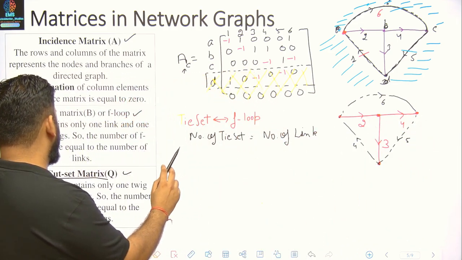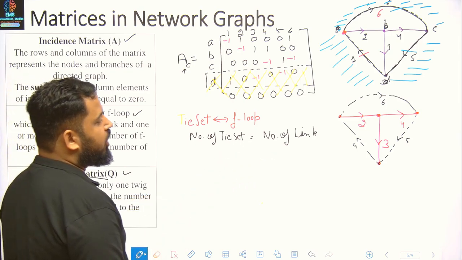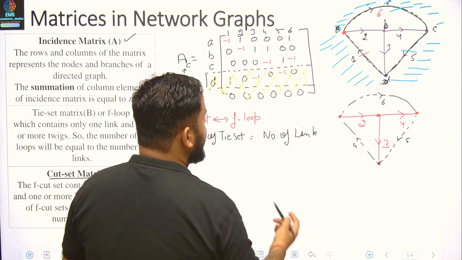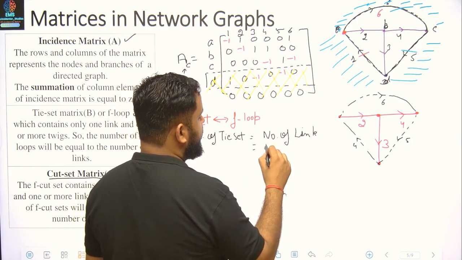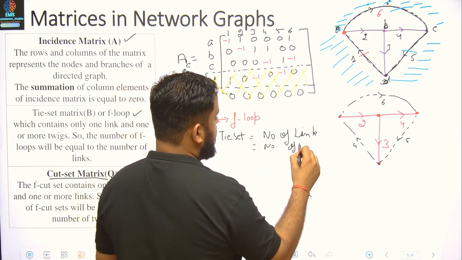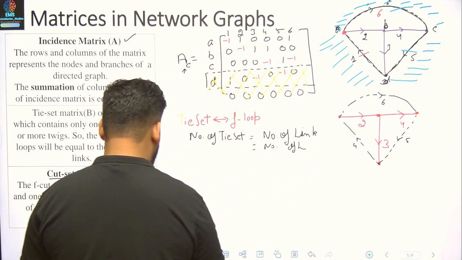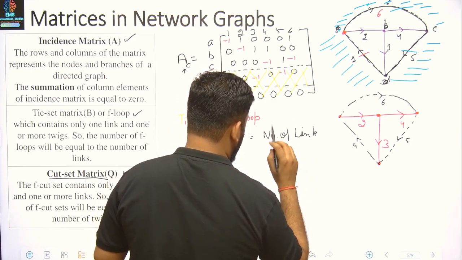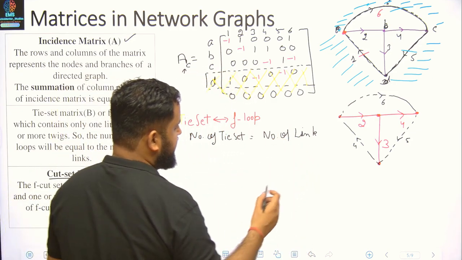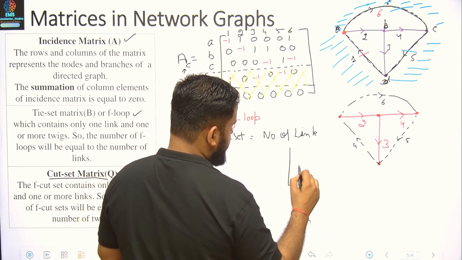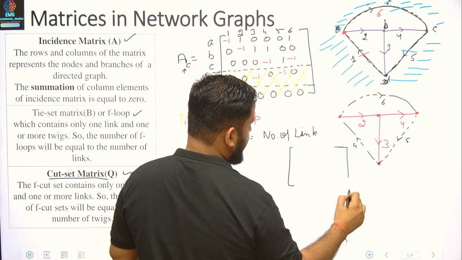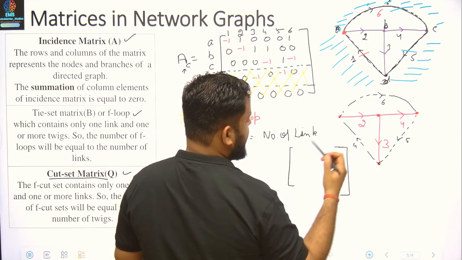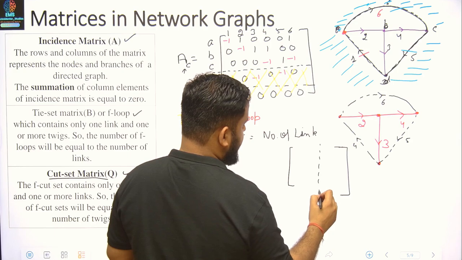So the number of tie sets will be equal to the number of links. Remember this, don't get confused. So we need the number of links. Let us make a tie set matrix. How many links do we have over here? We have 4, 5, 6 as links.